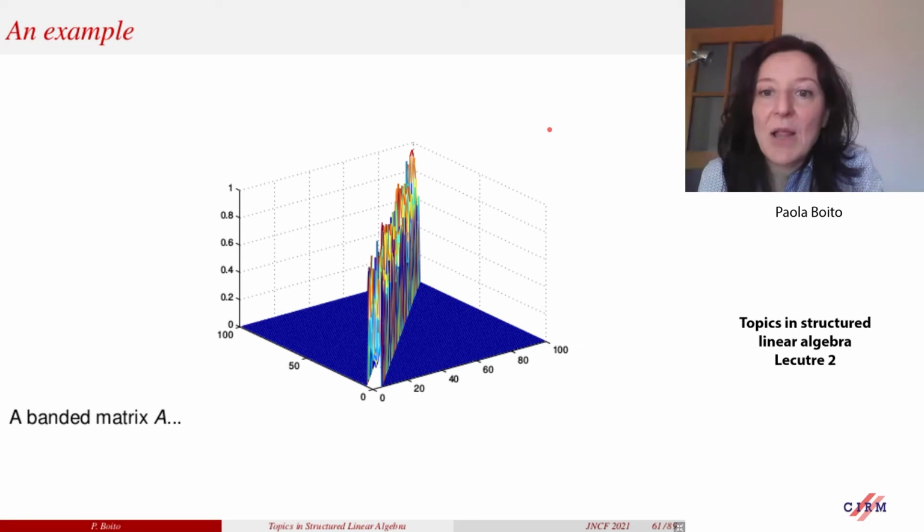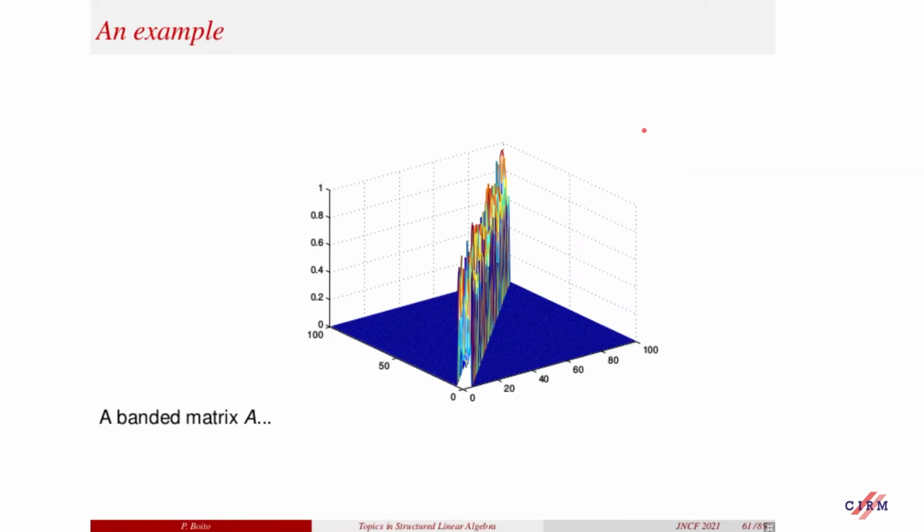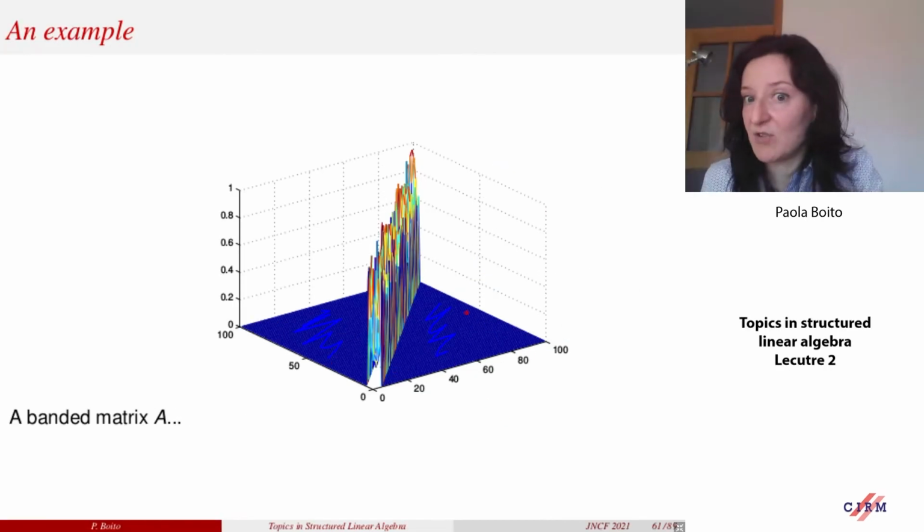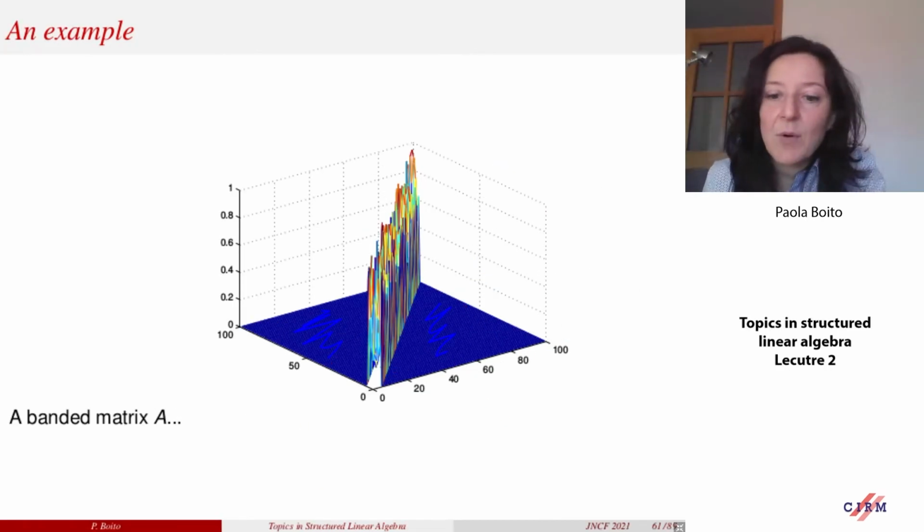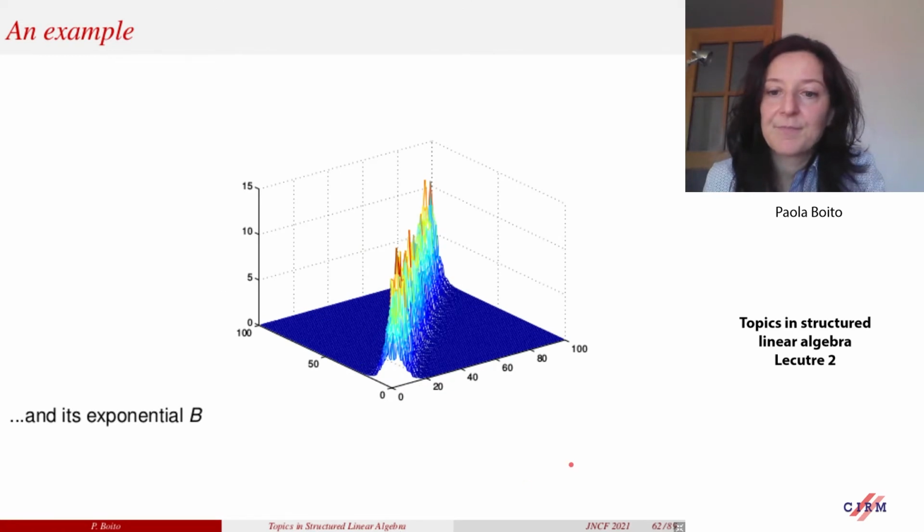This is a plot of a banded matrix. Everything here is 0, and here I have the band. We're just taking random entries. Then I compute the exponential of this matrix, and what I get is this. I have to say here it looks like these are zeros, but they're not. They're small numbers.